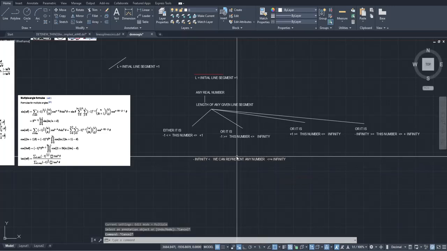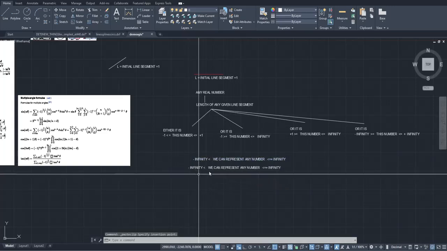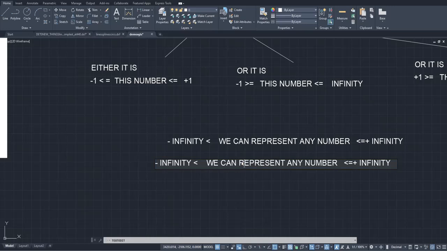We can represent it as tan theta, or sec theta, or cosec theta, or cot theta.